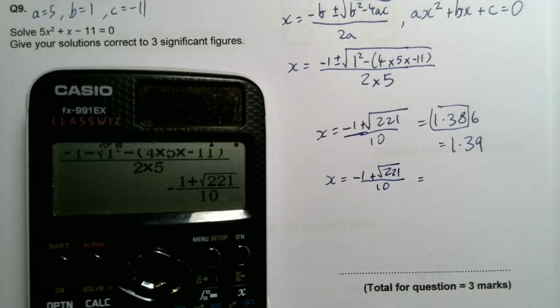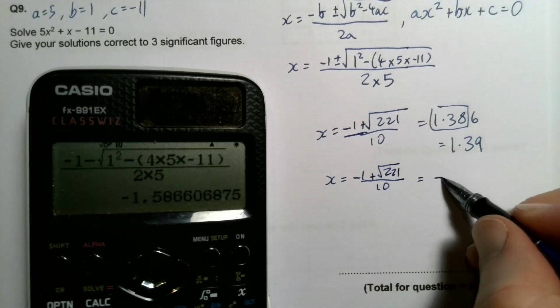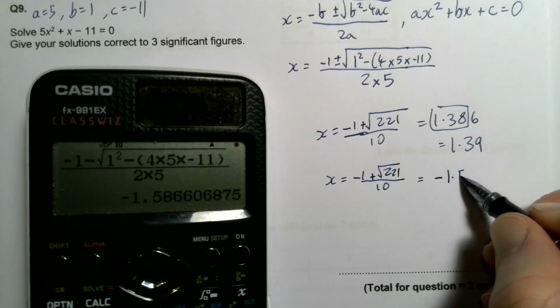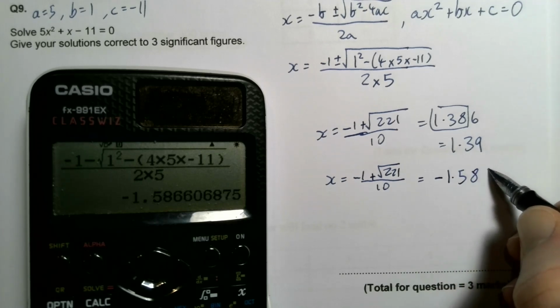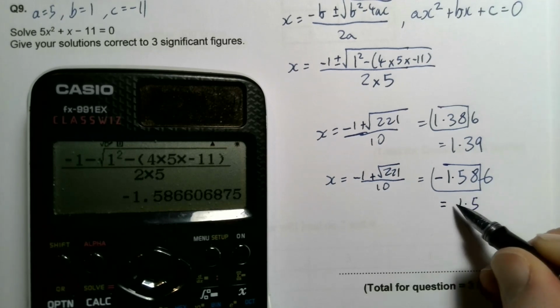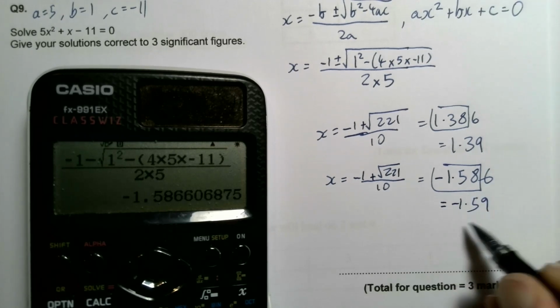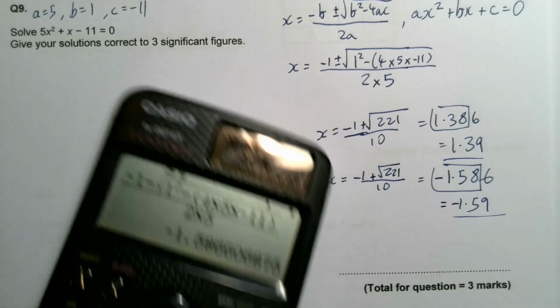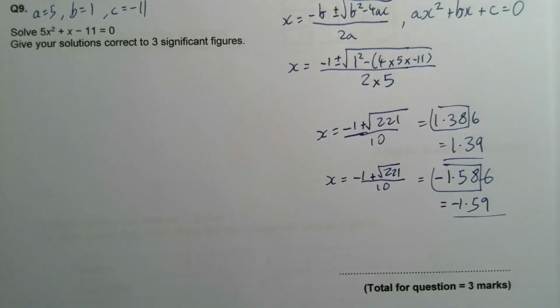If I press S to D, that's giving me negative 1.586, so that rounds to negative 1.59, and that's all the marks there. So you may well find that easier for solving tricky quadratic equations.